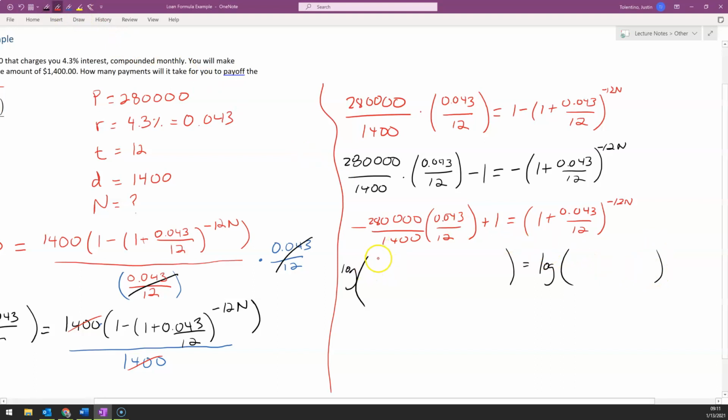So filling this in gives me this whole thing inside here. And then here, I'll fill this whole thing in here.